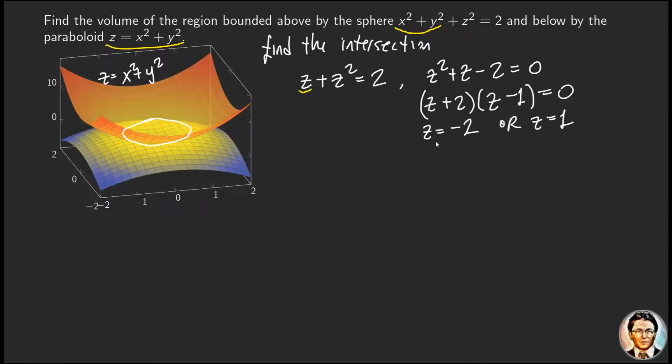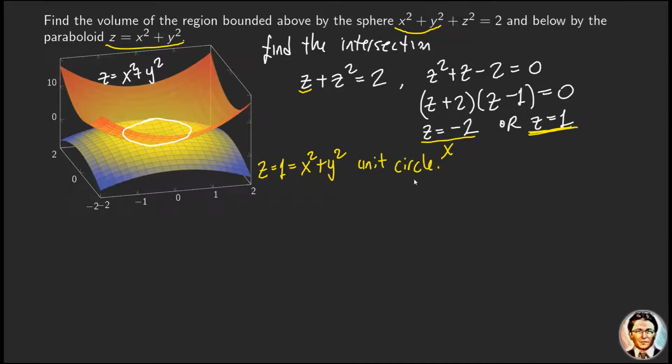Negative 2 is not the case because x squared plus y squared will not be negative. z is equal to x squared plus y squared. So they intersect on the plane z is equal to 1. The intersection is actually z equal to 1 and z equal to x squared plus y squared, so it is going to be the unit circle on the xy plane.